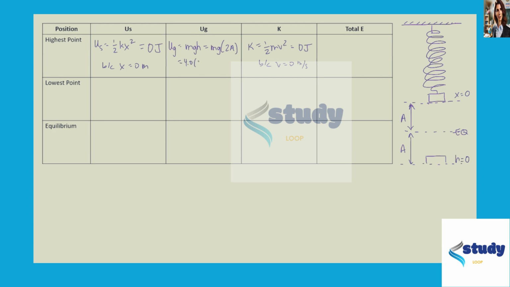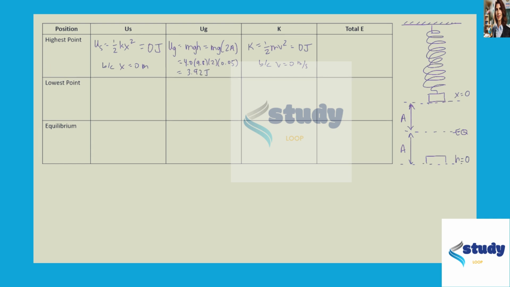So we'll take our 4.0 kilograms times 9.8 times 2 times 0.05 meters for that amplitude, and that gives me a gravitational potential energy of 3.92 joules.